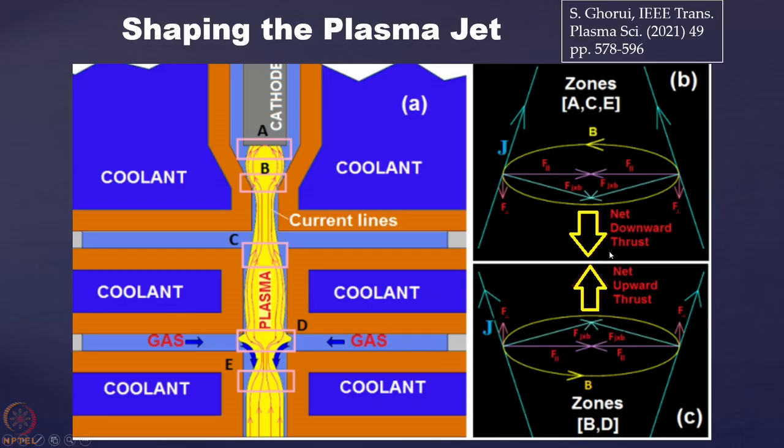So you are now clear that there are certain zones where the current density vectors are converging, and certain regions where they are diverging, like this zone B and D here, and these are the zones A, C and E. Now you see one thing in this zone. Let us see where the current density vectors are converging.